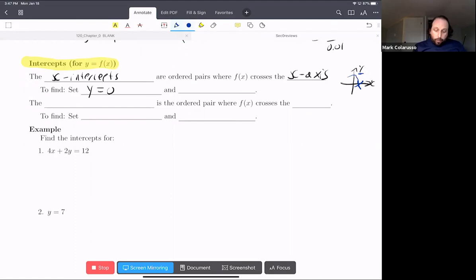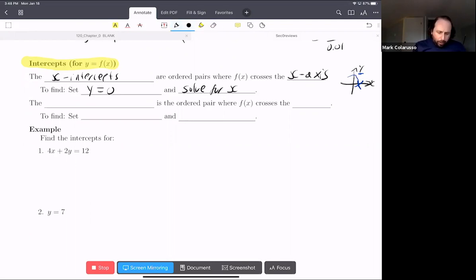So to find the x-intercept, we set y equal to 0 and solve for x. Now, this in general can be very hard to do. We'll do several examples where you'll be able to figure out the answer. But for a general function, this is often an impossible problem, but we won't have to worry about that too much.